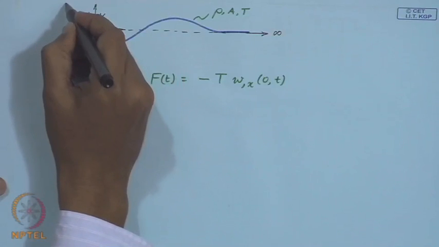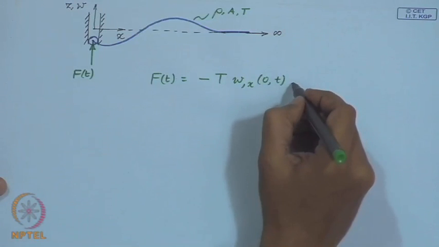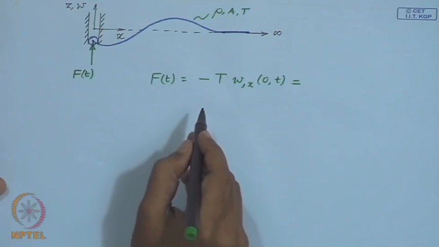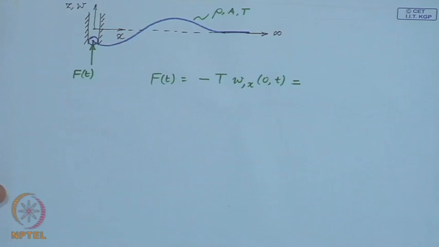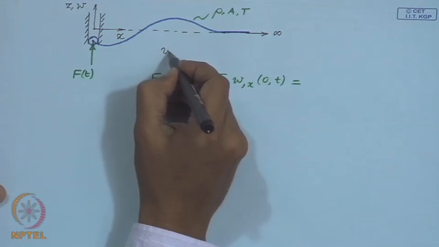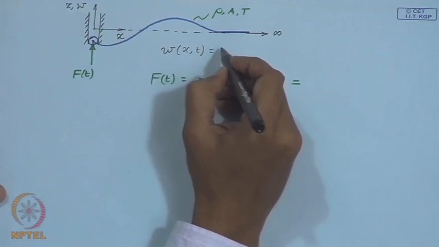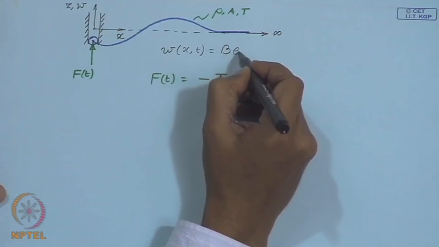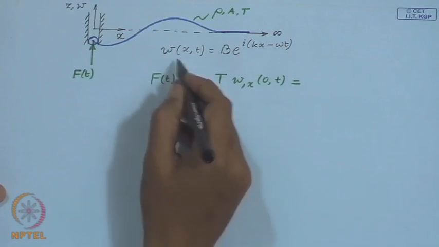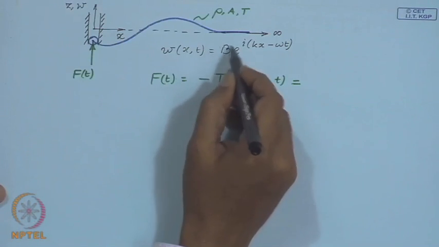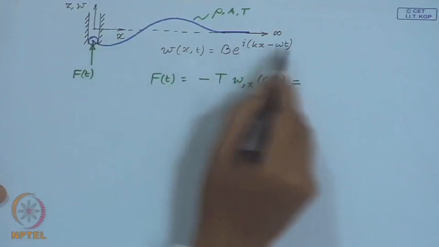So, this is x and if you consider a harmonic wave propagating with amplitude b, so what you set up is a positive travelling wave.